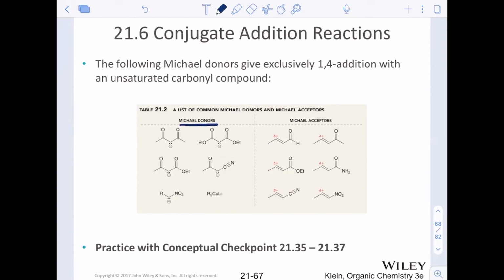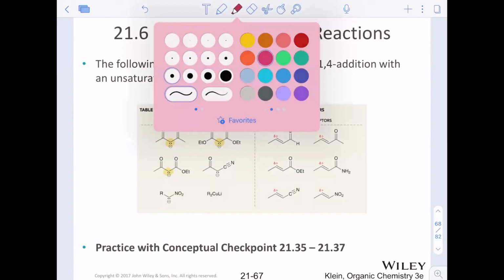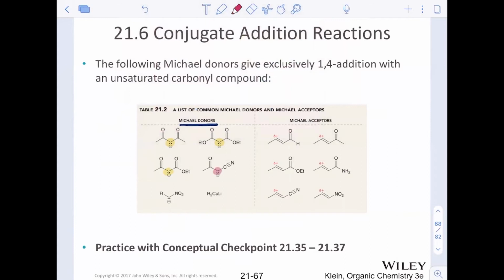So typical ones are the dicarbonyls, right? But what's interesting is that even having another pi bond adjacent on that beta position is important. So those nitro groups are really, really good because they are so electron withdrawing.